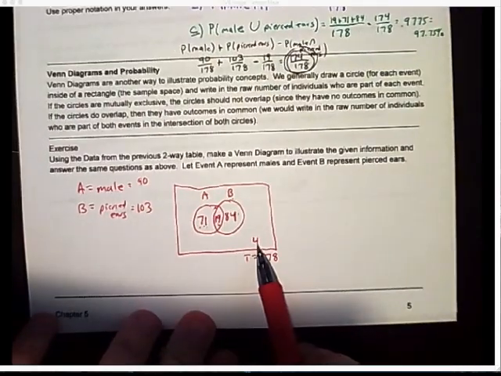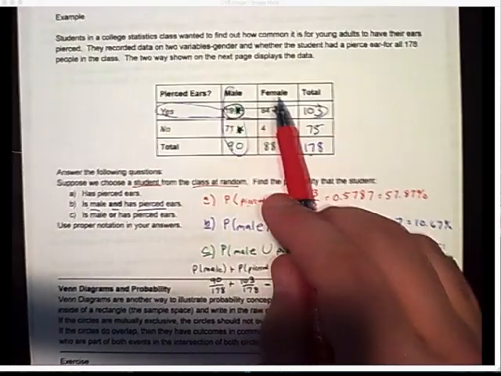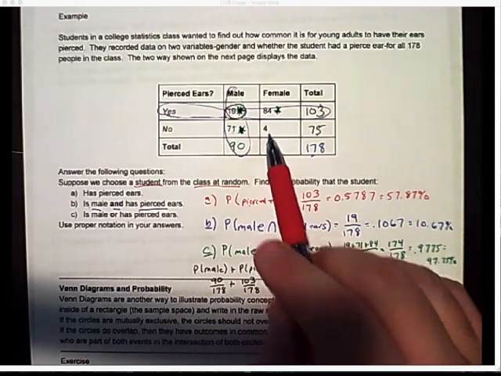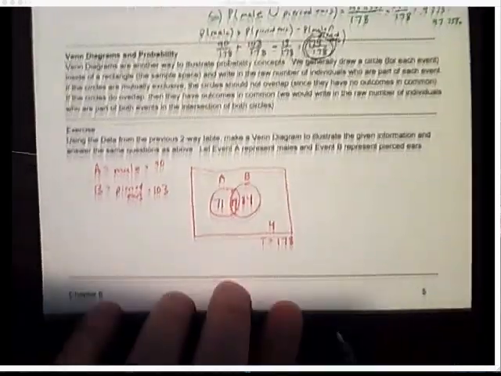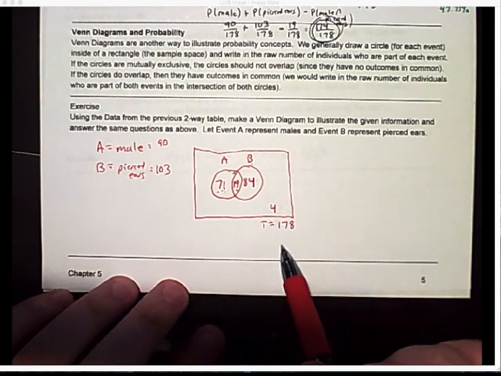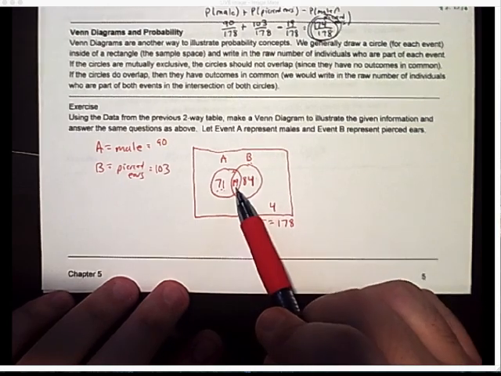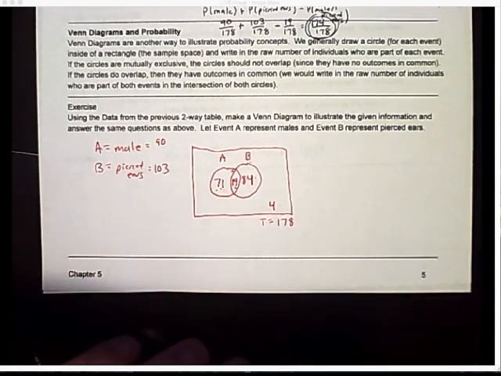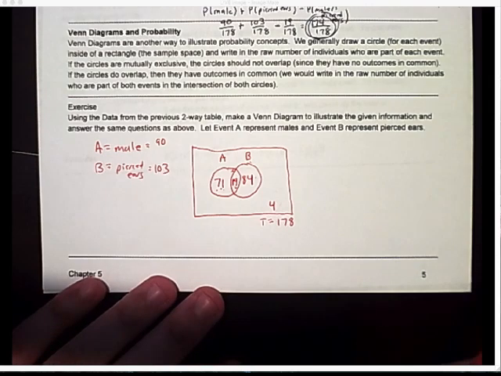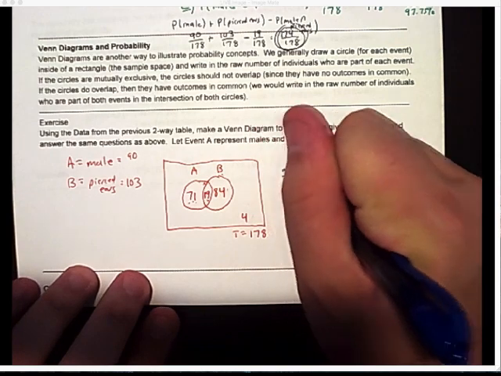Outside, are there 4 people that said no to pierced ears and are not male? So not male would be over here, and no would be 4. All right. And does 90 plus 103 plus 4, subtract out the 19, give you 178? And it would.